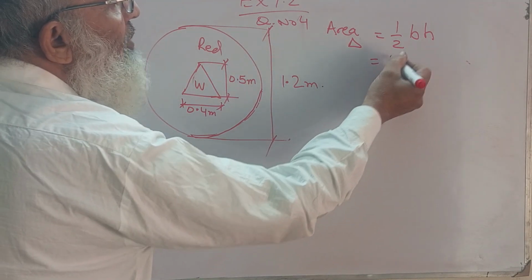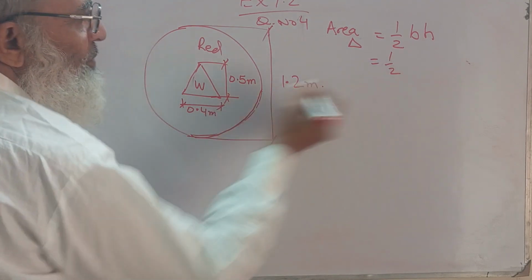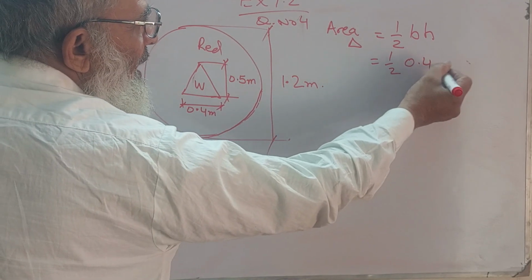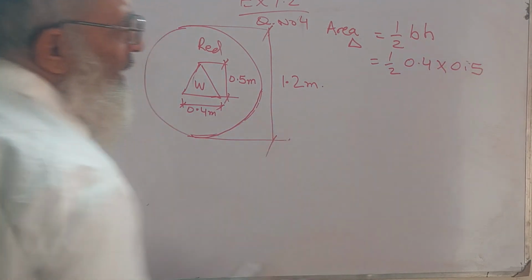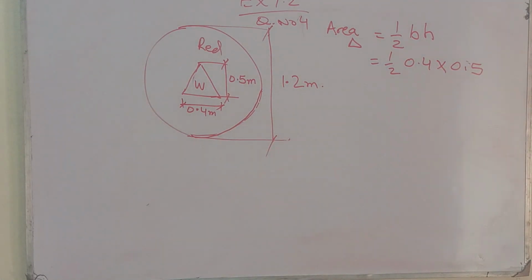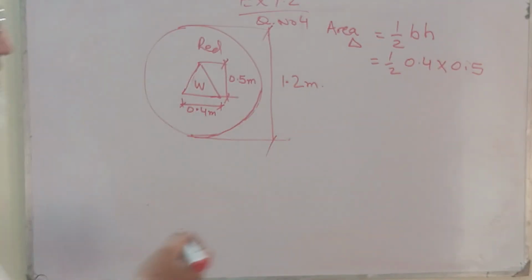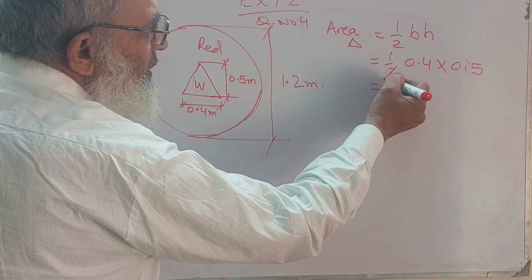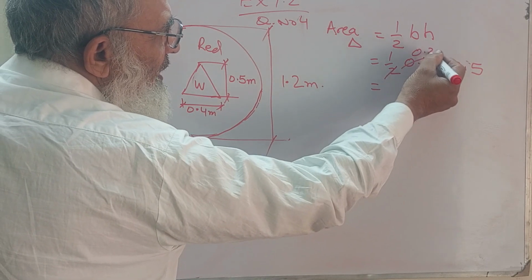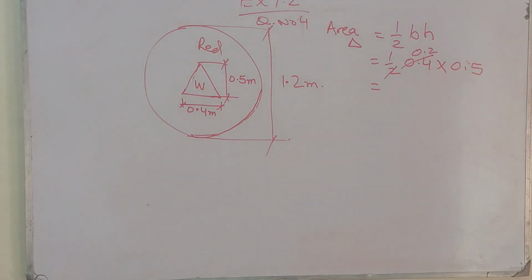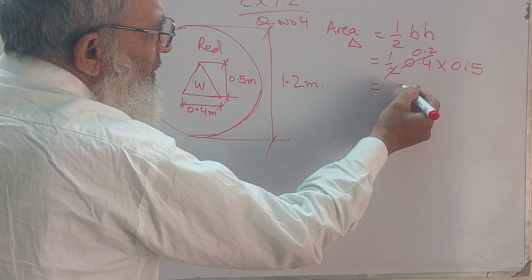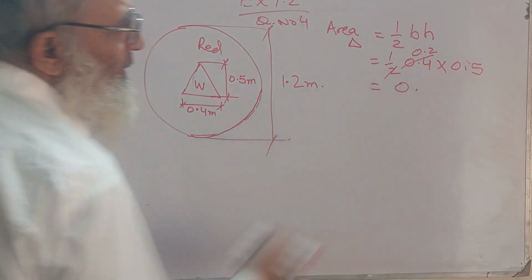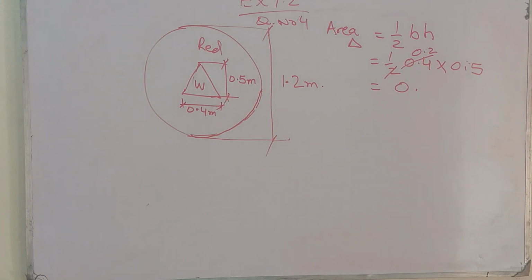Now it is equal to half, base is 0.4 multiplied by height 0.5. So this will be cancelled with this, it will become 0.2. 0.2 multiplied by 0.5 will be 0.10.